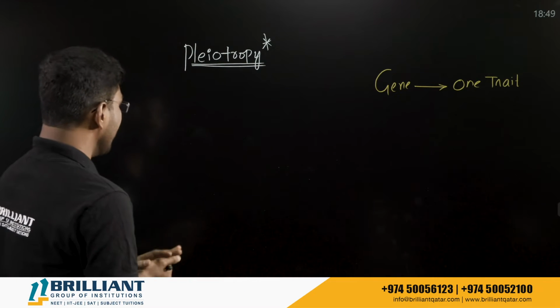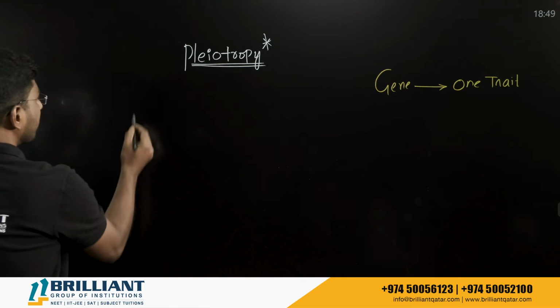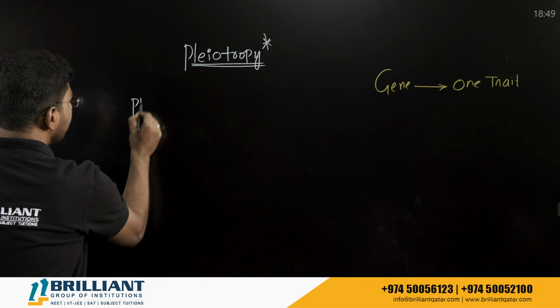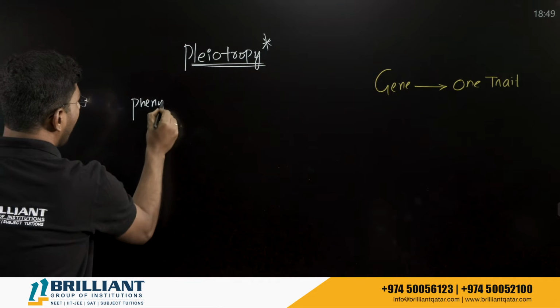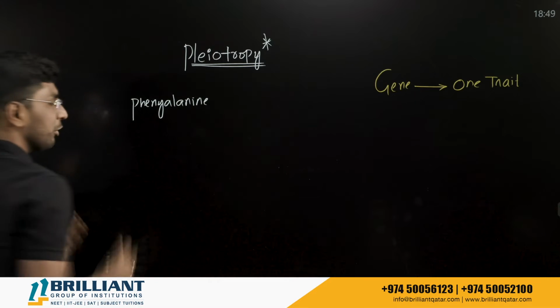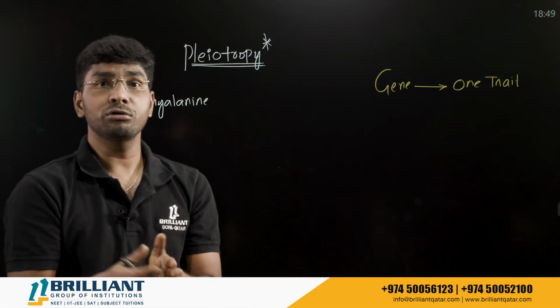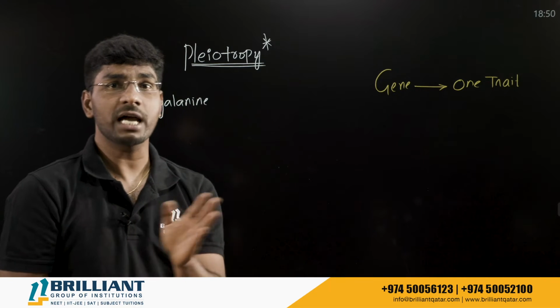Look here. There is one amino acid, phenylalanine. This is an essential amino acid. Phenylalanine converts into another amino acid called tyrosine.